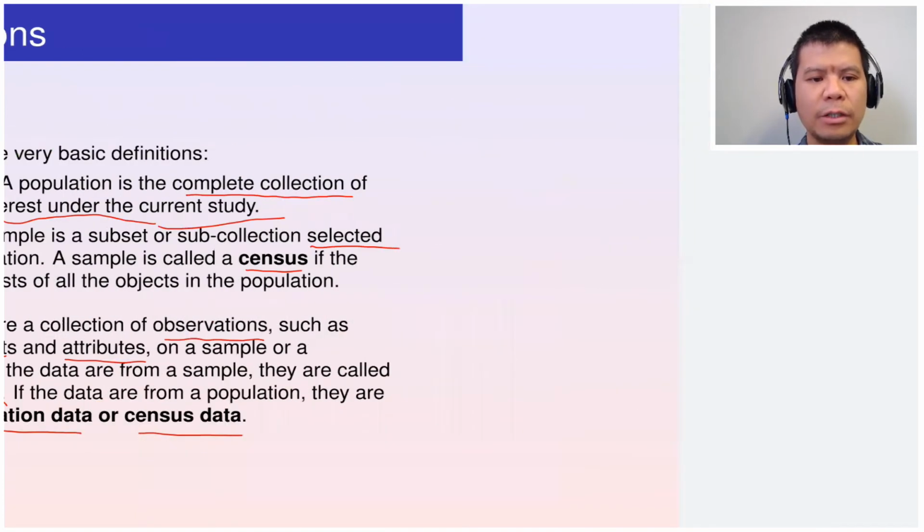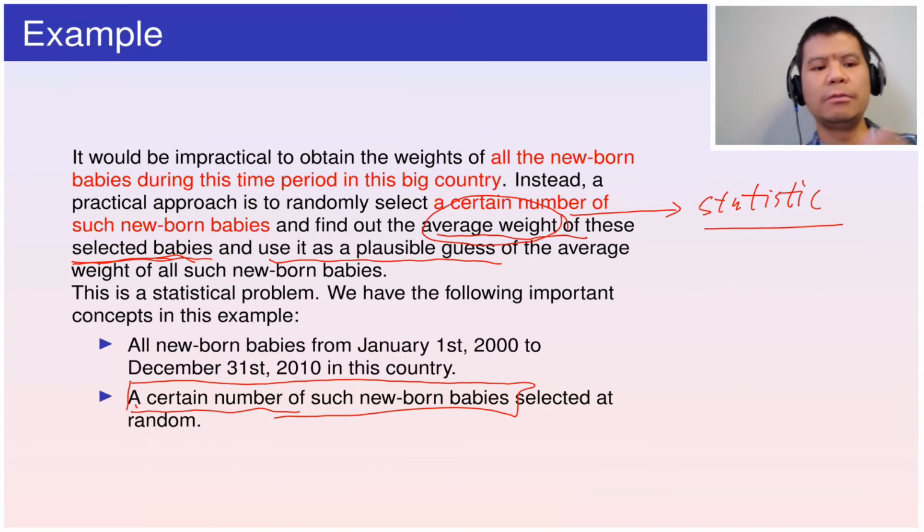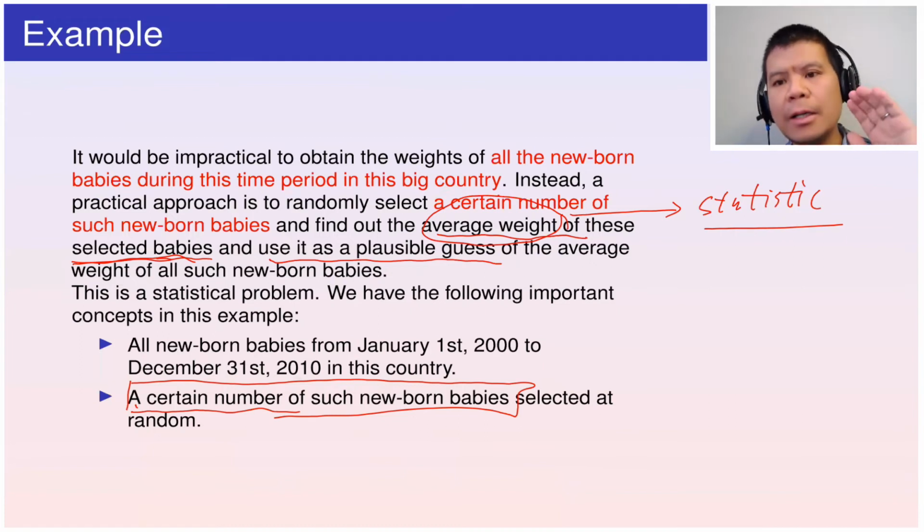The practical approach is we randomly select a certain number of newborn babies, and we use the information from the sample, the average weight of these selected babies, to make a plausible guess of the average weight of all newborn babies.